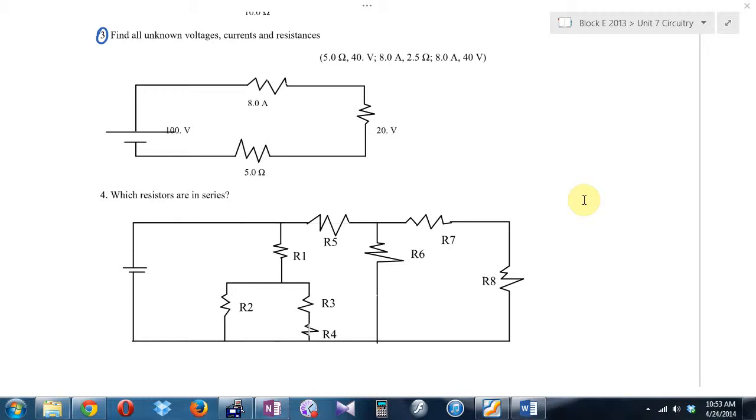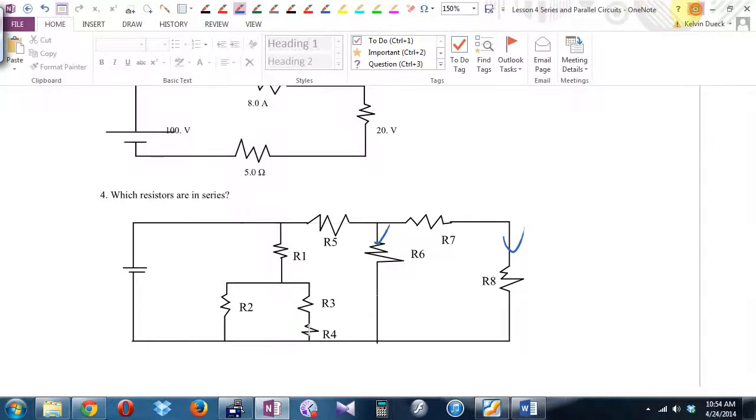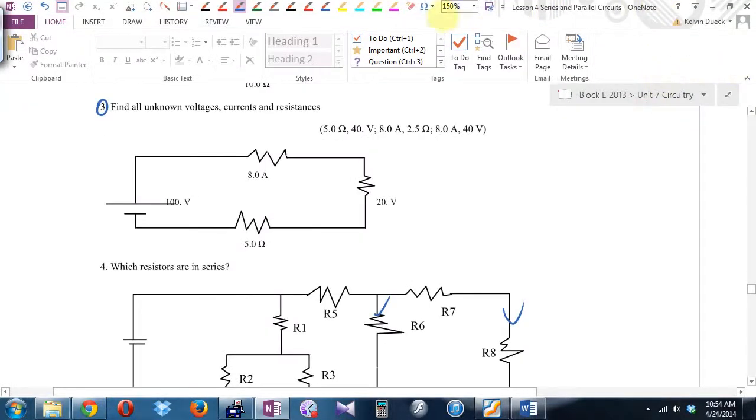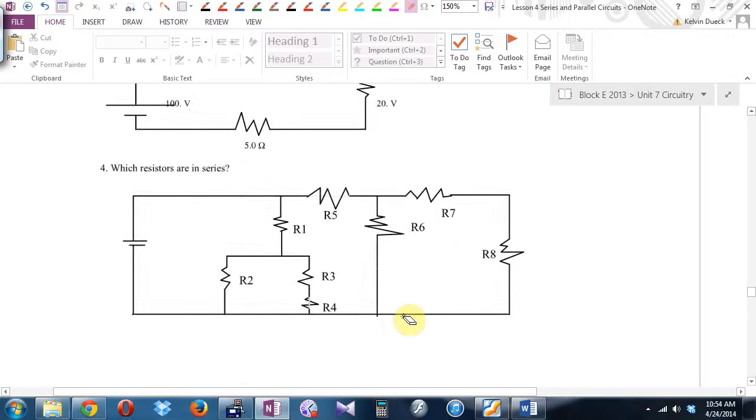Sorry? R6 and R8? Absolutely not. Some skiers go this way, some skiers go that way. Those are not in series. Sorry, but that's definitely not series. R5 and R7? Absolutely not, because all the skiers that go through R5, some can go that way. Not all of them go through R7. Sanj?